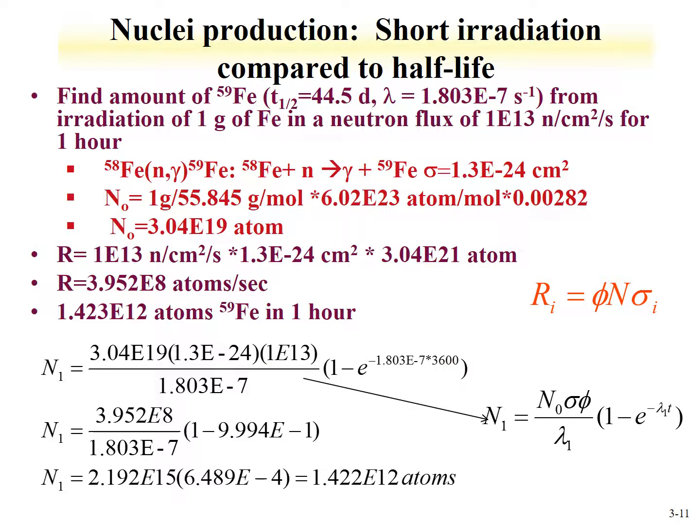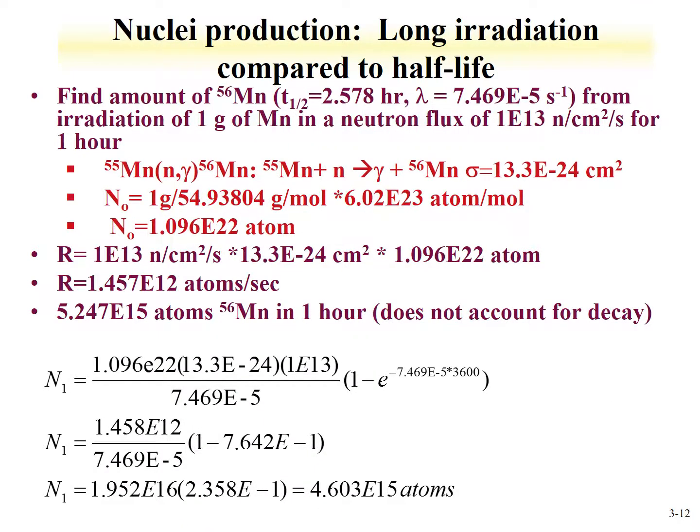Our decay constants, and then the other data that comes from this equation. We input those terms, we solve, and we see that the difference between the two is very small. 1.423 versus 1.422 times 10 to the 12th atoms of iron-59. So in this case, we could say that not accounting for the decay is not a big perturbation on the variations in the answers utilizing either equation.